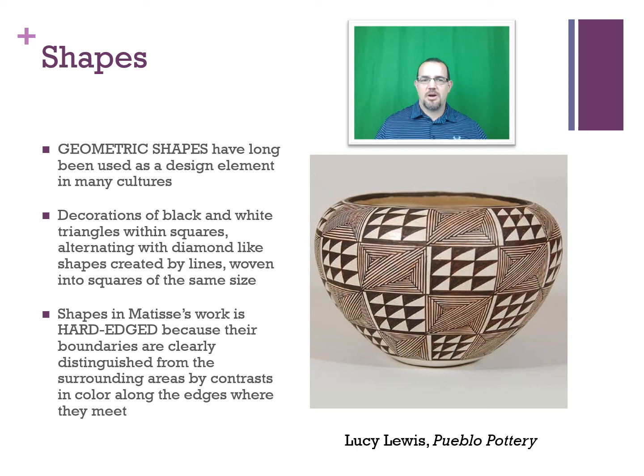Geometric shapes have long been used as a design element in many cultures. It's a shape that you give a specific name to. It can be a circle, triangle, rectangle, but an organic shape is more free form, what you find in nature, such as a leaf or a blade of grass.